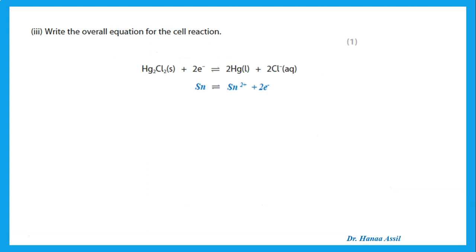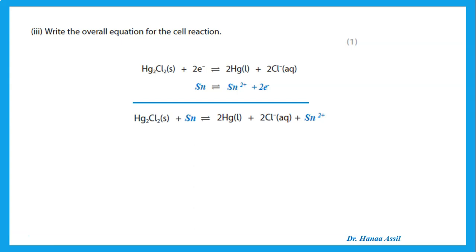Write the overall equation. So we have the calomel equation given, and the tin is Sn2+ plus 2 electrons. Both of them have the same number of electrons, so we just cancel them and we write what is left.